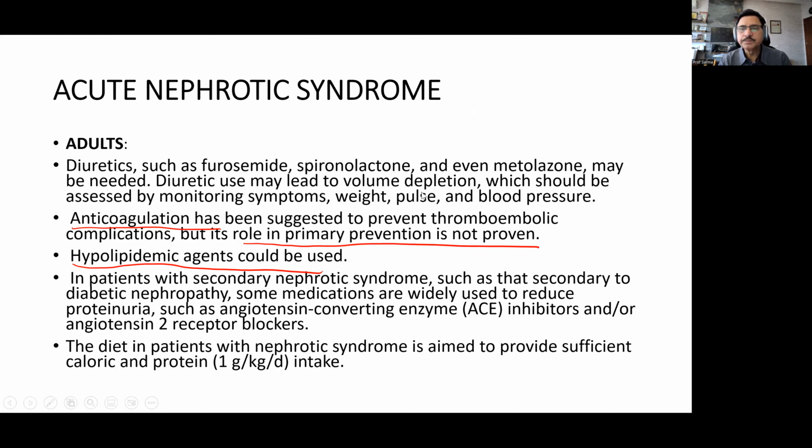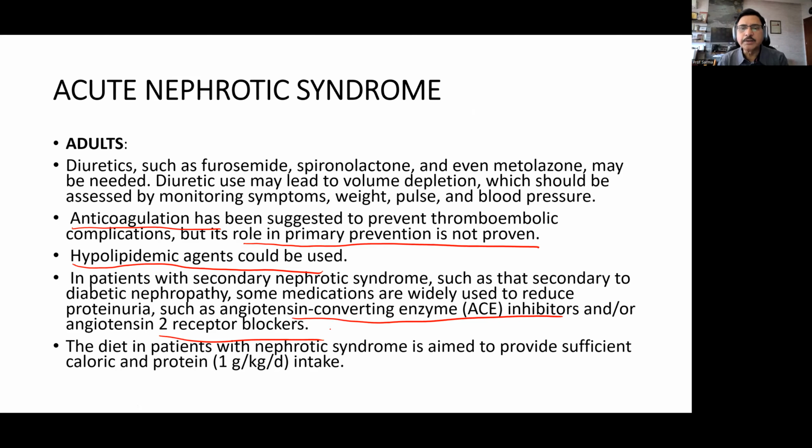Okay. Now, read the next line. Secondary nephrotic syndrome, we will treat the underlying causes. In diabetic nephropathy, widely used to reduce proteinuria are ACE inhibitors and ARBs. You have to give.